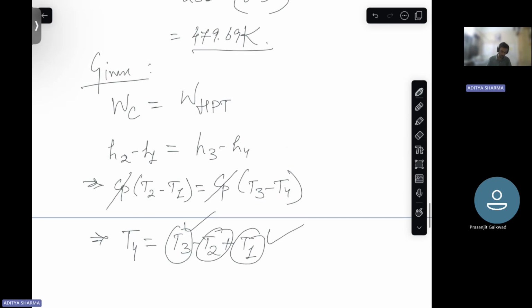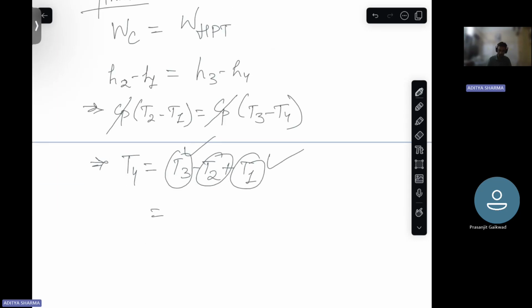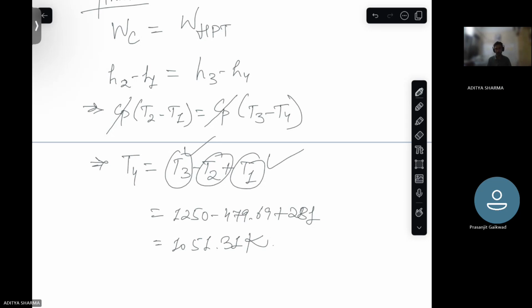So T4 becomes 1250 minus 479.69 plus 281. If you work this out, this will come out to be this. I hope this is clear.